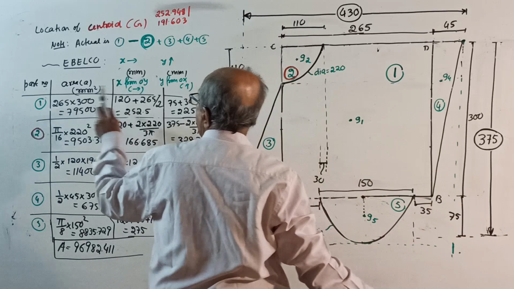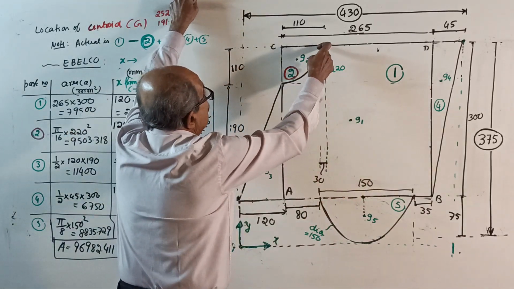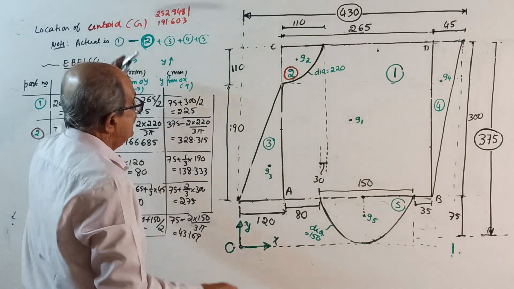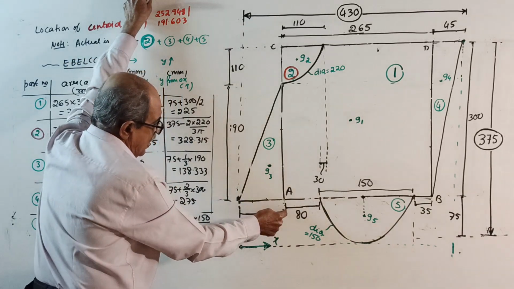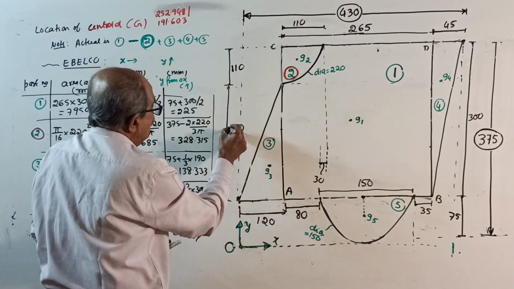Okay, start. A1 is 265 into 300. I wrote the answer. A2, this quadrant, pi by 16 of 220 square. A3, this triangle, half into 120 into 190. 190 is not properly visible here. Okay, 190.